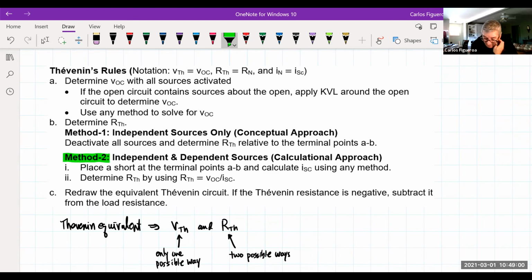So why even talk about method one? It's conceptual. It's a powerful conceptual model. When you look at a circuit, I will guess that 99% of the time, if not 100%, you actually don't see the circuit, you see a Thevenin circuit.